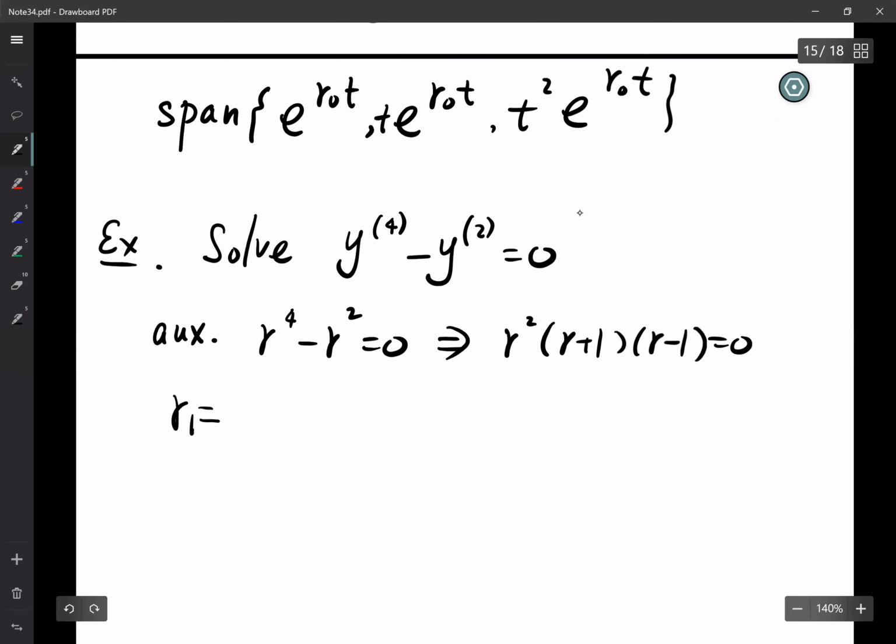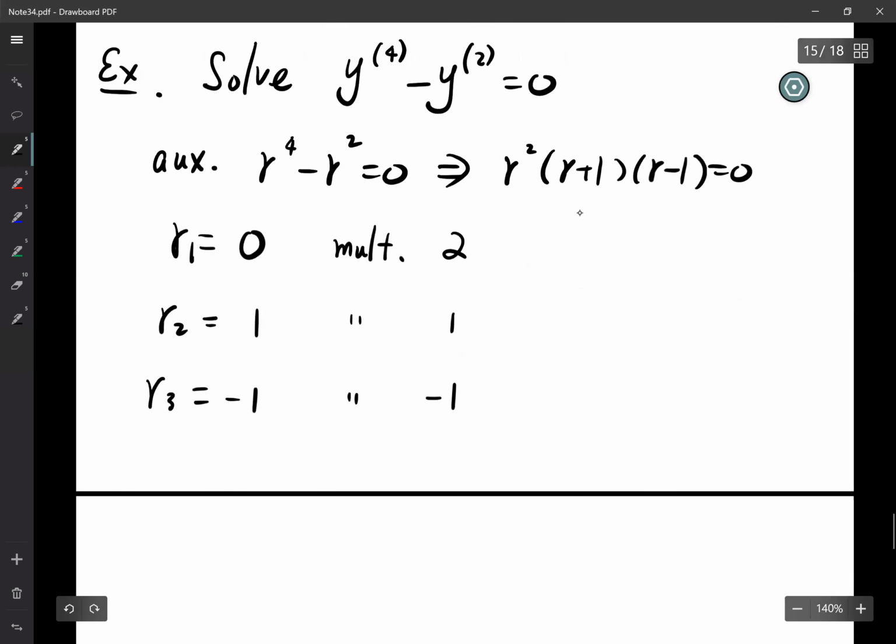So then you have r1 is 0. This one has multiplicity 2. r2 is 1. This is multiplicity 1. So then I just have y(t) equal to c1 plus c2 t.